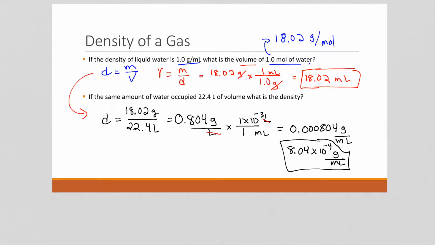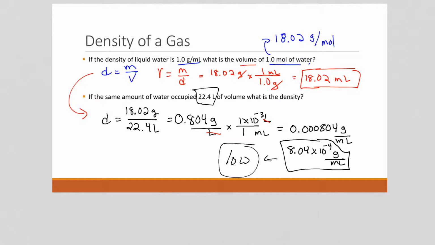So what we can see here is if the same amount of gas were allowed to occupy a much larger volume, of course the density would go down. Now, it turns out that this volume, 22.4 liters, is the volume occupied when 1 mole of gas exists.